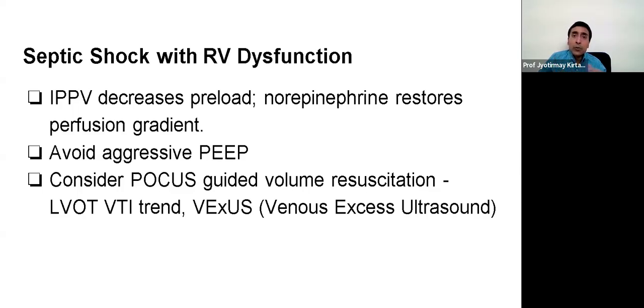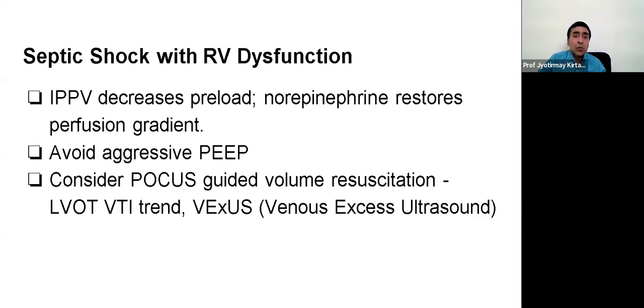On the other hand, you are squeezing the right ventricle, so it will get ischemic, and it is not even getting enough blood. And with the positive pressure ventilation, you are increasing the afterload. So it is like being beaten up on all three fronts. If you are going for a very aggressive PEEP without even looking at the hemodynamics, what the MAP is, that is going to do harm.